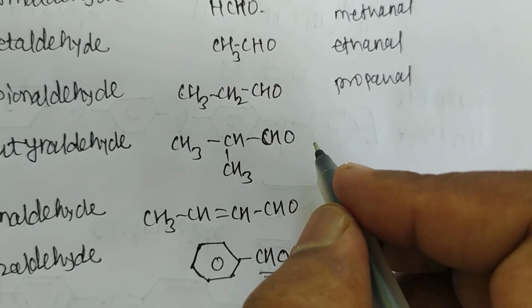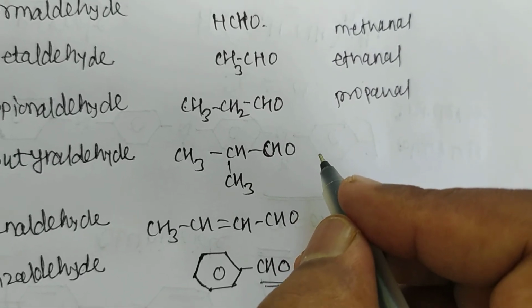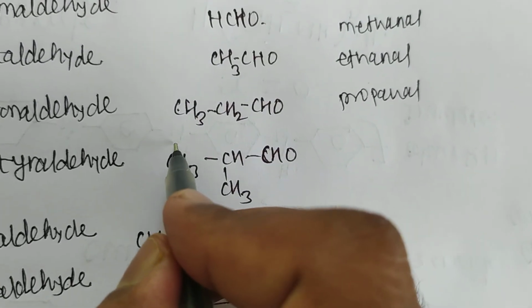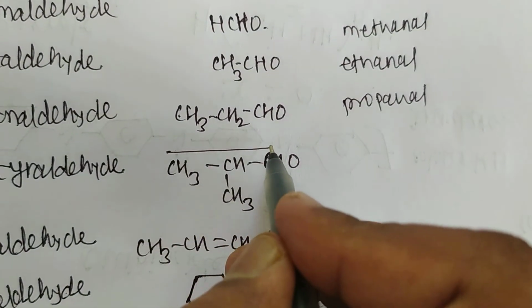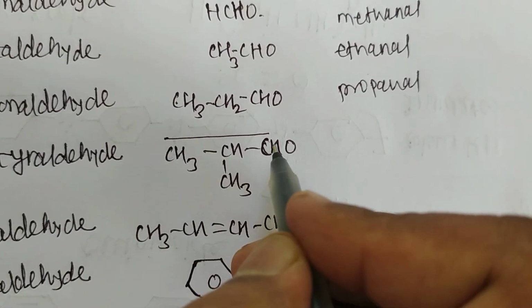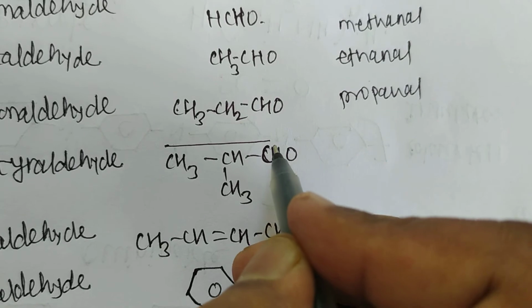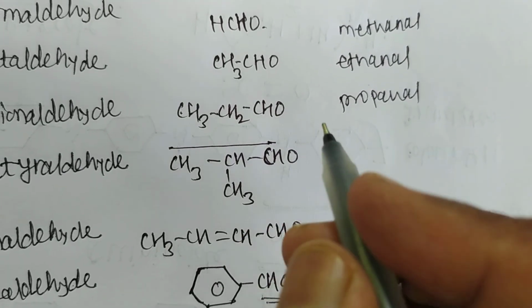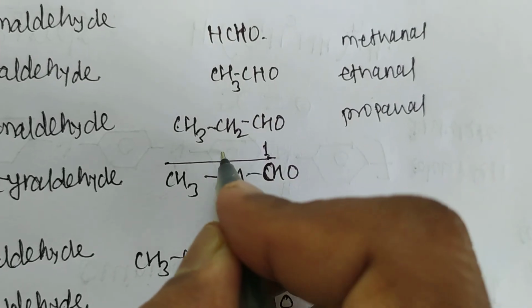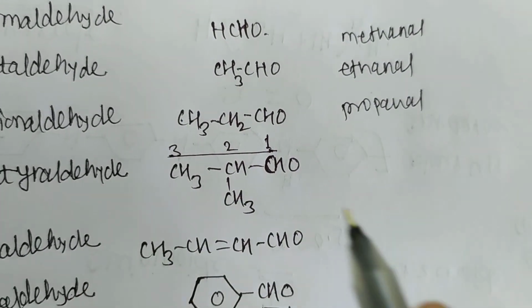When branches are there or a long carbon chain is present, then first we select the longest carbon chain. Suppose this is the longest carbon chain, and then we number this carbon chain, and during this numbering the minimum number is given to the functional group, that is the aldehyde group, 1, 2, 3.